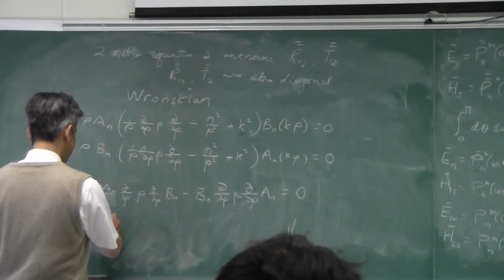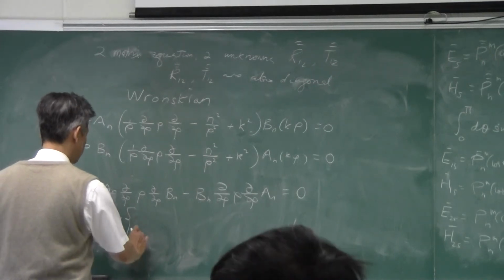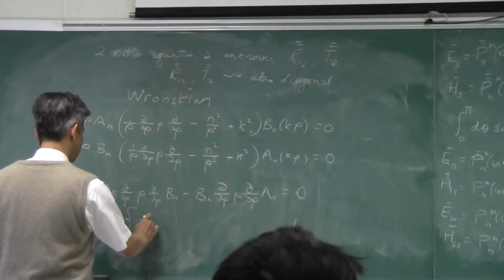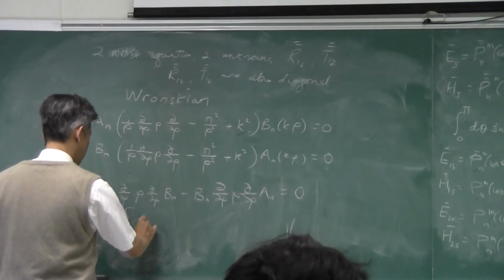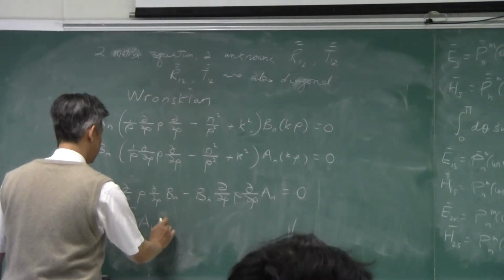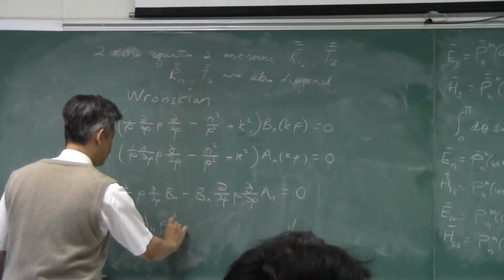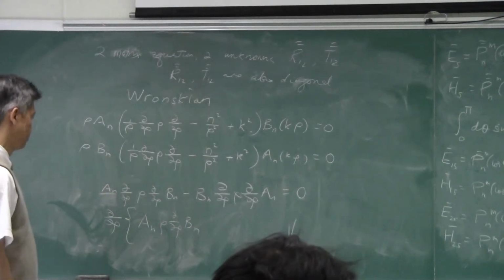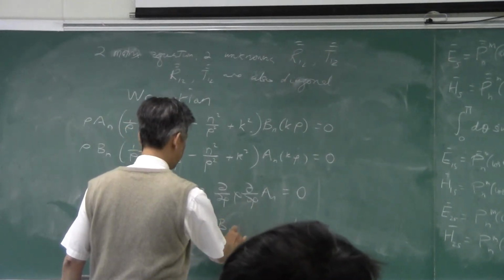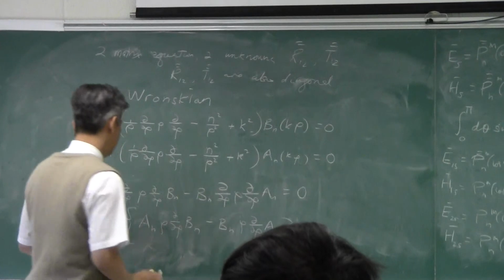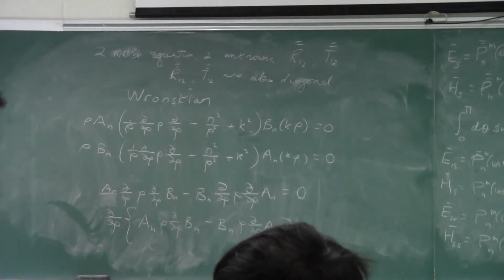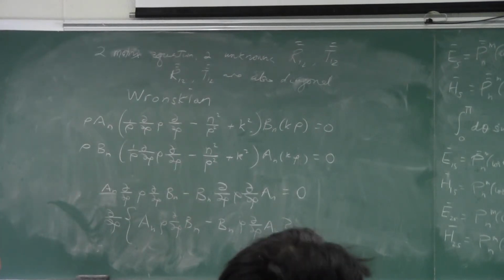This must be the same as partial rho of A_n rho, partial rho B_n minus B_n rho, partial rho A_n. I think this is correct. If you take this derivative, you get above, right? Am I right? Let me think. Yeah, you get that.